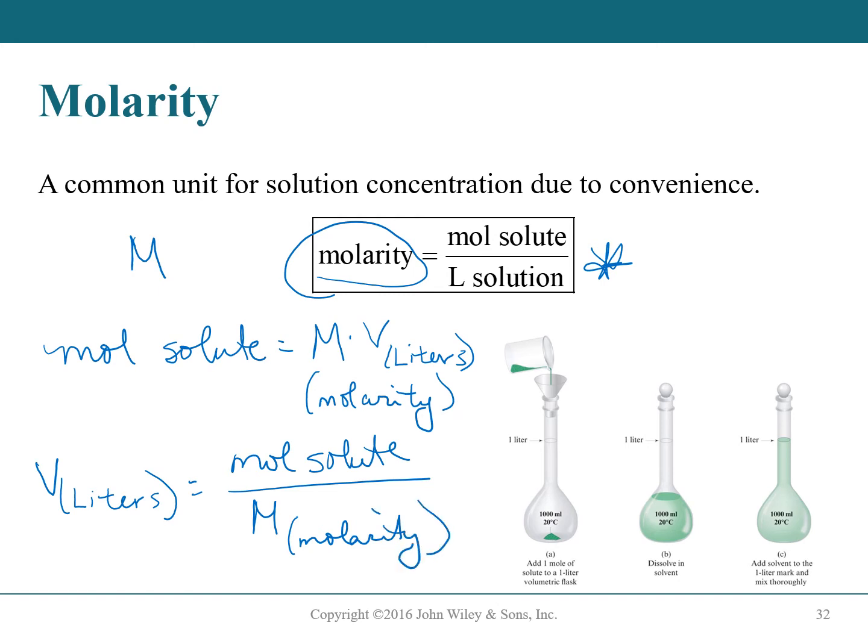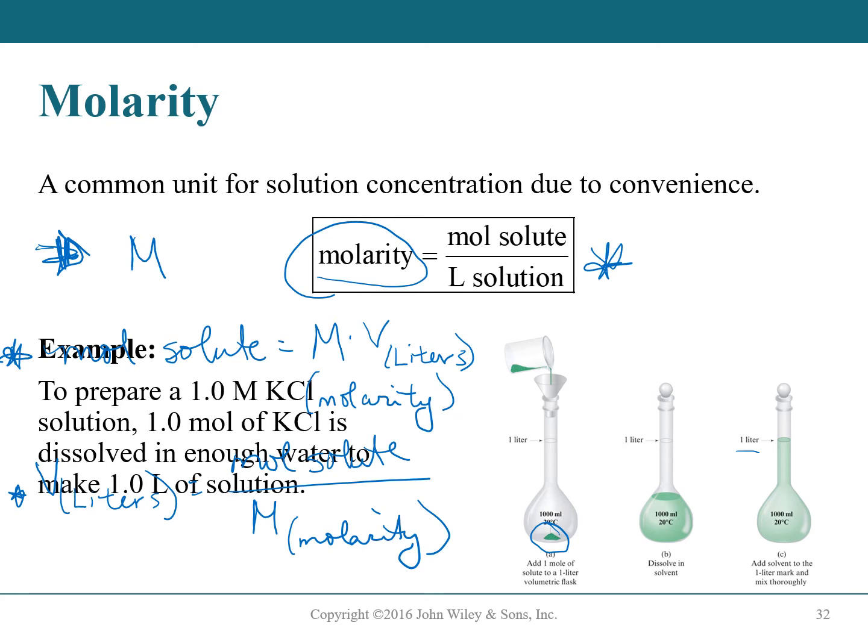So from this one equation, you can derive this equation to get moles of solute and this equation to get volume. When we make the solution, always add your solid solute first, so that when you're done adding your solvent, it goes to the very line and you know the exact volume, because we're looking at the volume of solution, not the volume of solvent added.